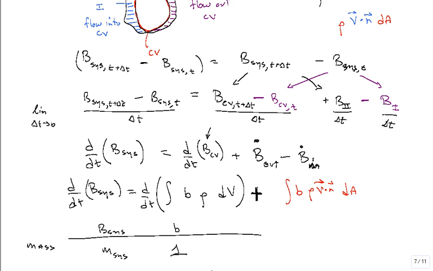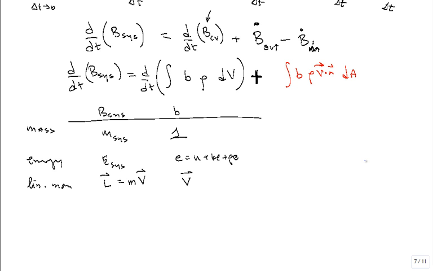It's the same thing. And then I said, for mass, the big B is the mass of the system, energy of the system, and linear momentum of the system. Sometimes L or sometimes P for linear momentum, but mV is linear momentum. Okay. And then the specific property, 1 for mass, there it is for energy, and there it is for linear momentum.